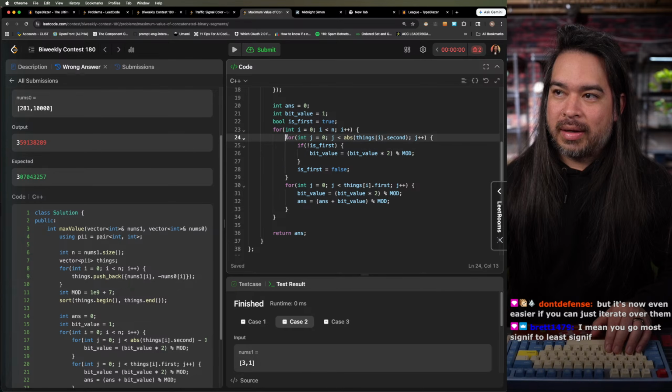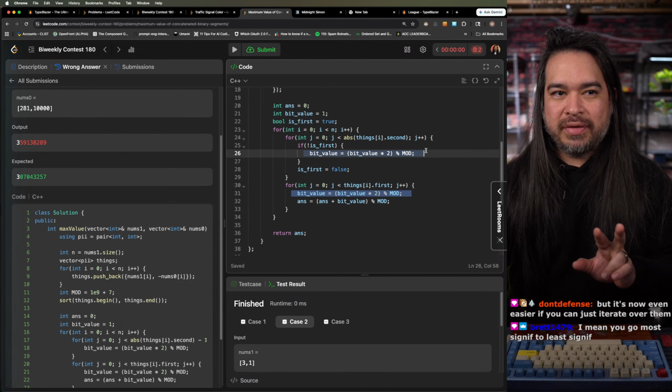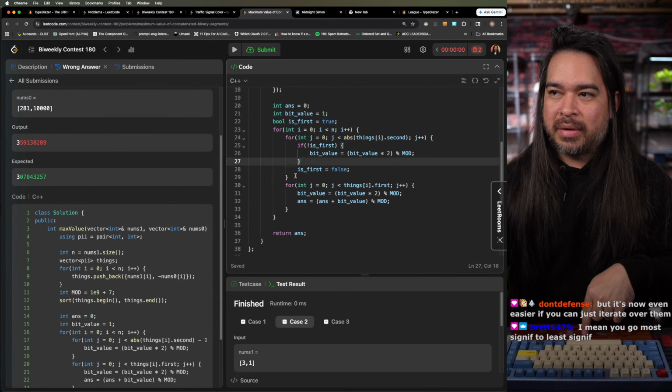And second are my zeros. And this part is weird. Because my bit value is 1, I don't want to multiply my bit value by 2 and then everything is shifted. So that's why I do this weird thing here.